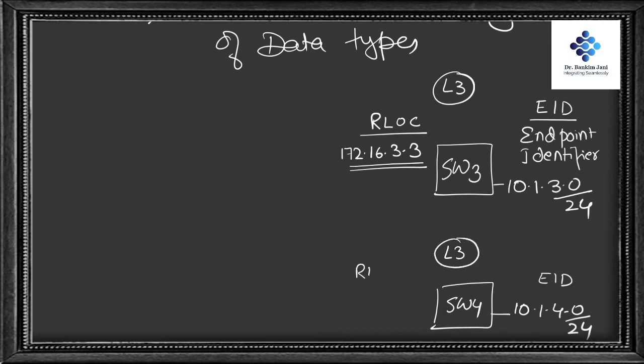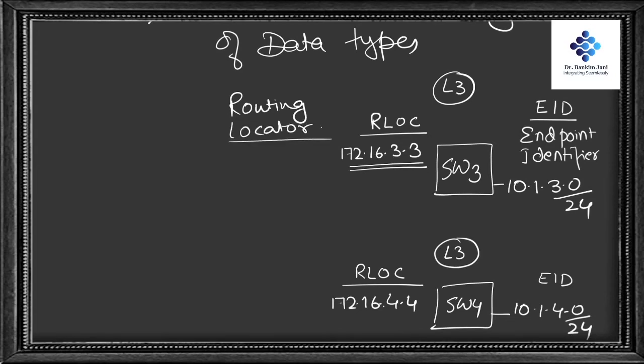And similarly over here, the routing locator for this switch, let's make it say 172.16.4.4, right? Just for ease of understanding. So this is switch 4 with 4.4, and that is switch 3 with 3.3. RLOC is routing locator, right? Routing locator, as we shall be crossing networks. So that's why routing is necessary.